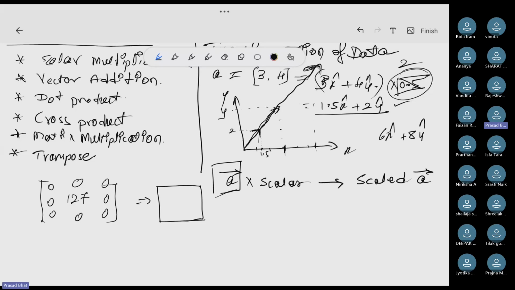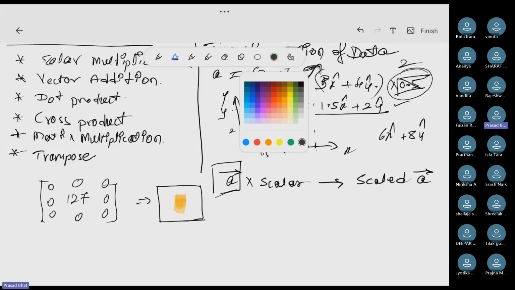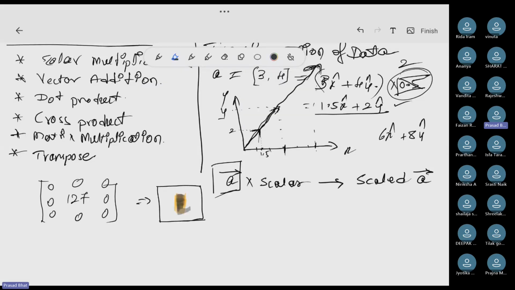Don't mind the color, I'm just trying to tell you that it is going to look like this, not fully black, some gray color. However, when I multiply this matrix with 2, let's say, then what happens? Sorry, it is the inverse. These are the black colors and this is going to be gray.